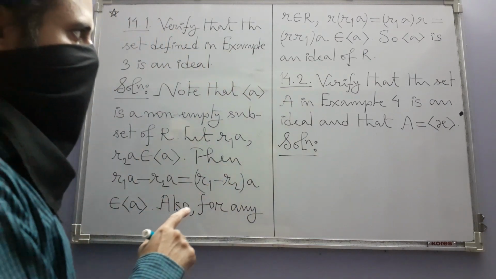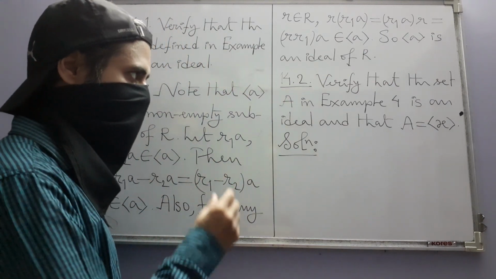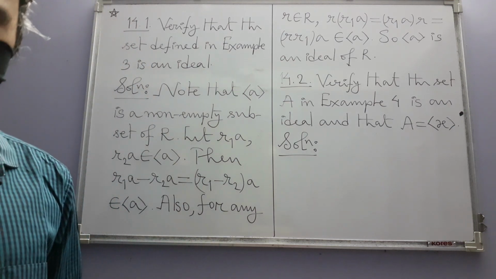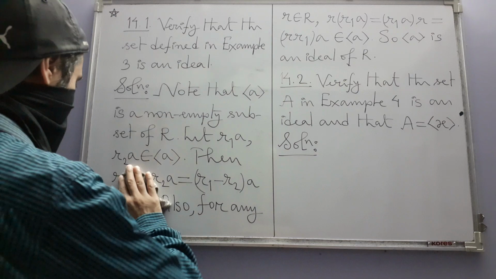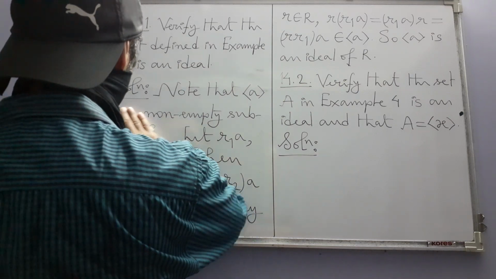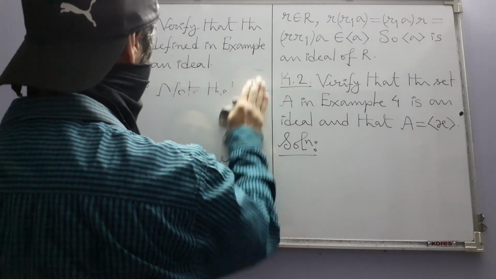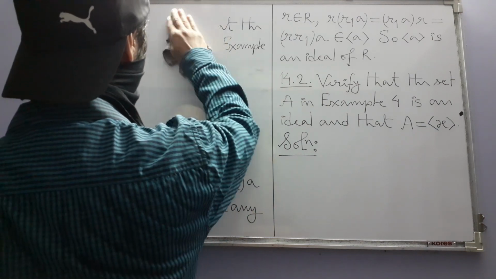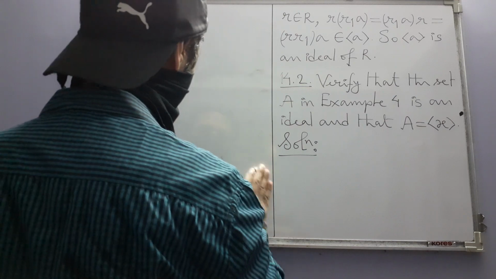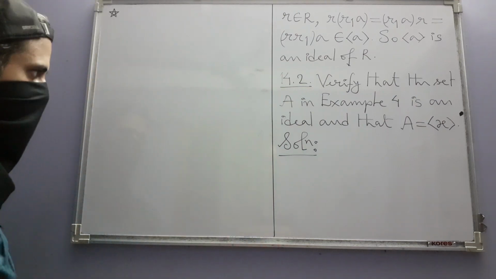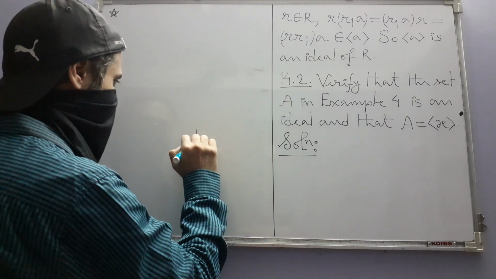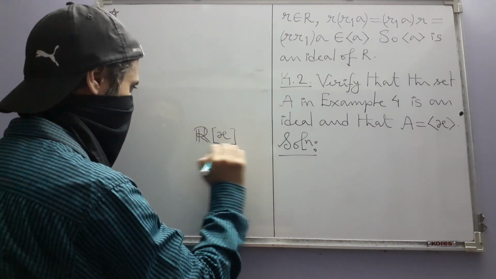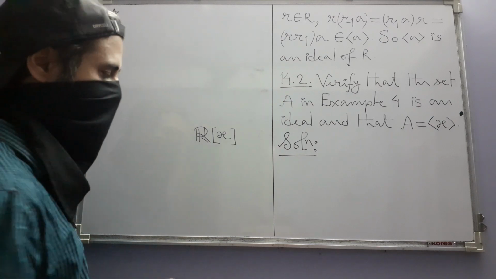The ring here is the ring of polynomials with real coefficients. That means our familiar R[x]. That is this ring. This is the ring here. The ring of all real polynomials.